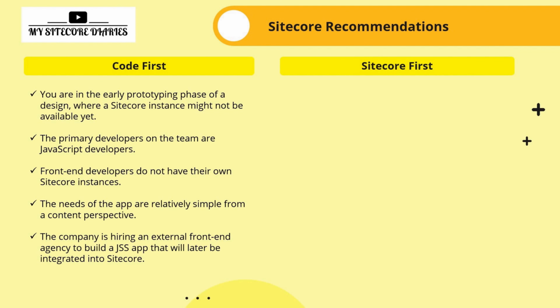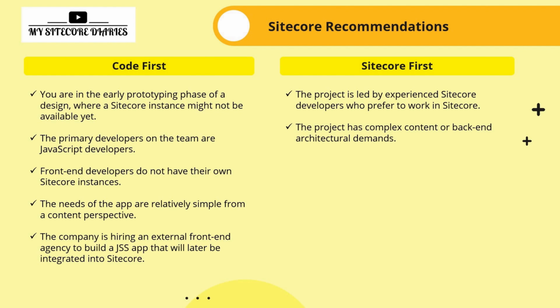Then when to have a Sitecore first approach? The project is led by experienced Sitecore developers who prefer to work in Sitecore. So you have a strong Sitecore team, then you prefer Sitecore first. The project has complex content or backend architecture demands.